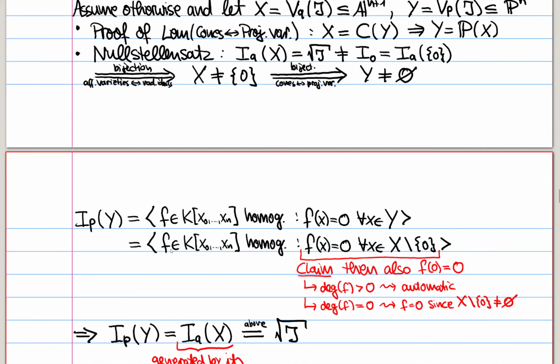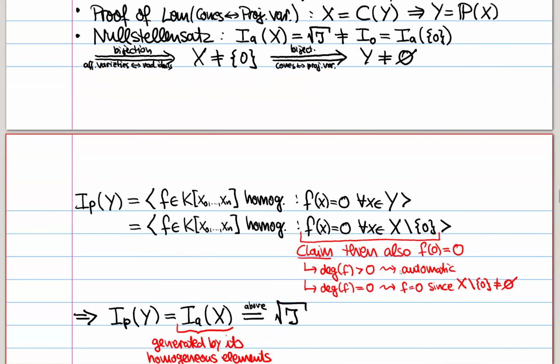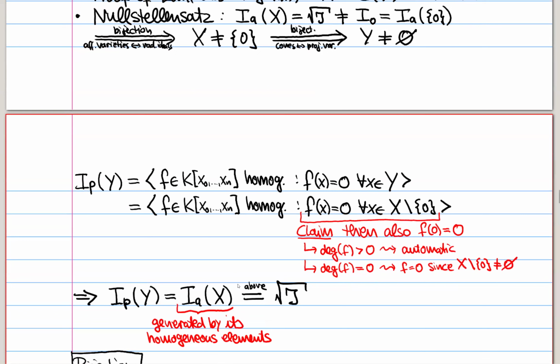So IP of Y is the same thing as the ideal generated by homogeneous polynomials vanishing on X. So it's the ideal generated by the homogeneous elements in IA of X. But this was a homogeneous ideal, which we had seen before: the ideal of a cone is generated by its homogeneous elements. It is a homogeneous ideal.